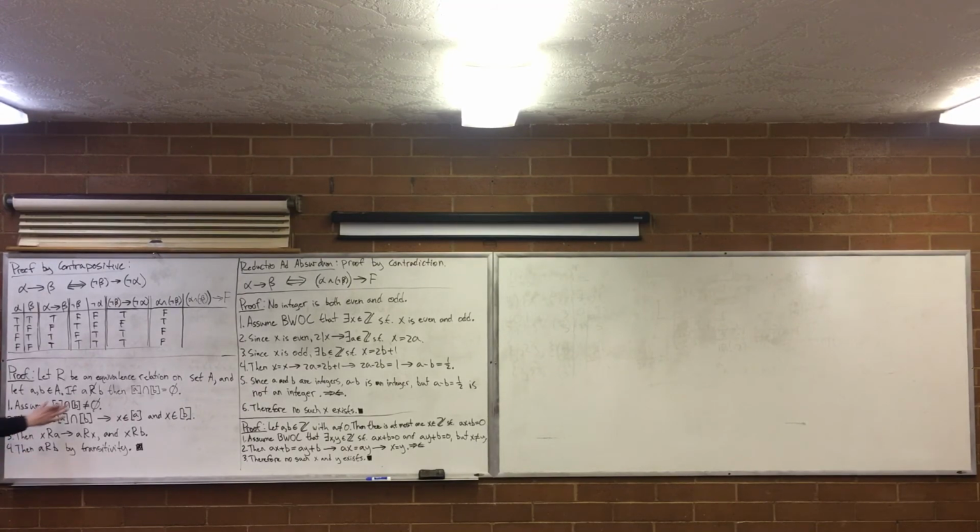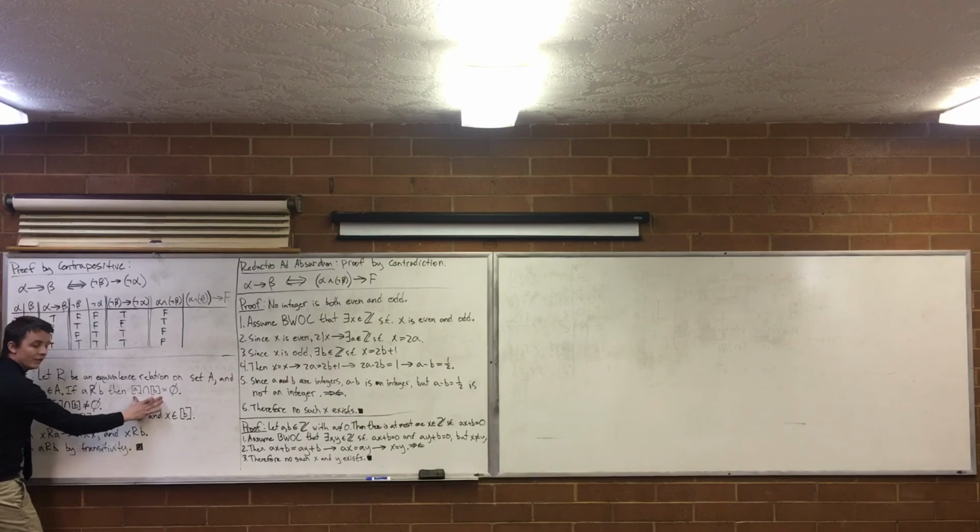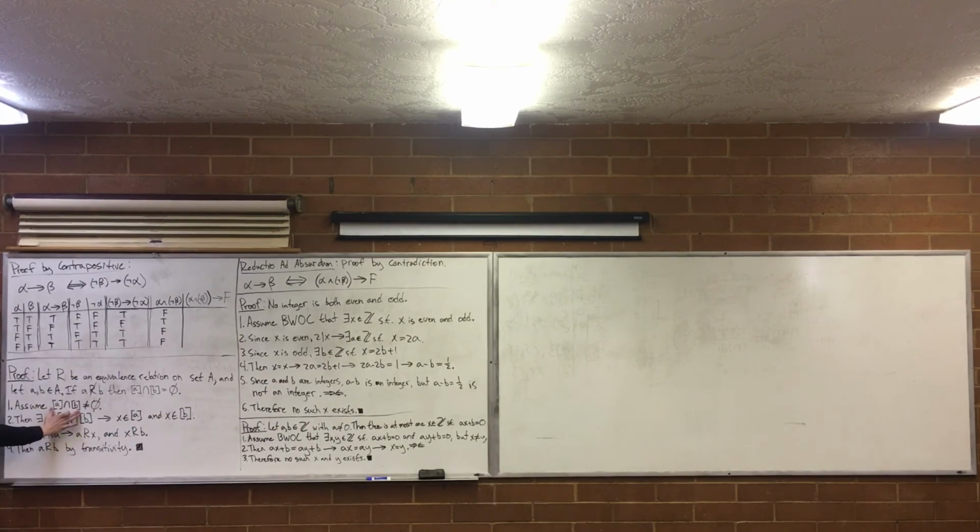So instead of showing if a is not related to b, then their equivalence classes have nothing in common, we're going to show that if their equivalence classes have something in common, then a is related to b. Those are logically equivalent ways of thinking about it. Okay? That's the leap there. How I actually do this proof isn't a big deal, but make sure you can wrap your head around that. You can look at a statement and state its contrapositive.